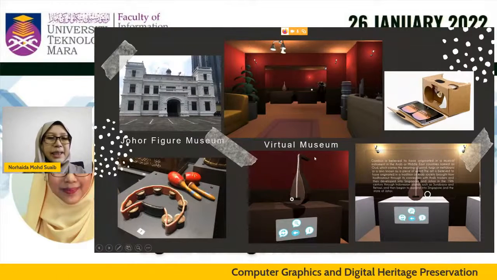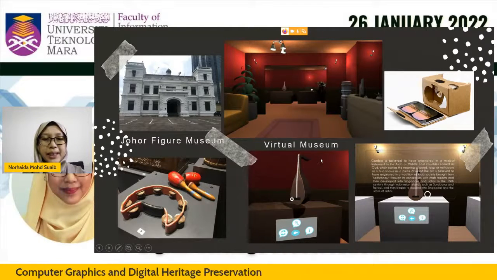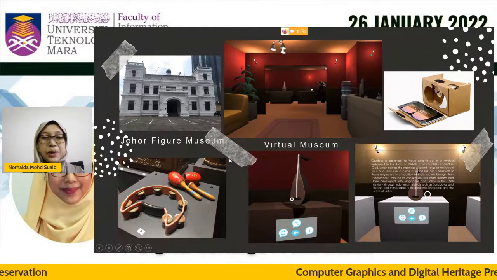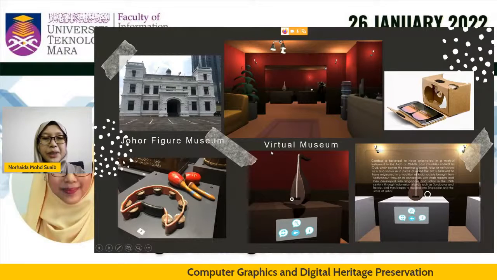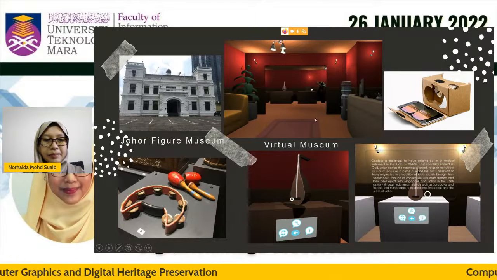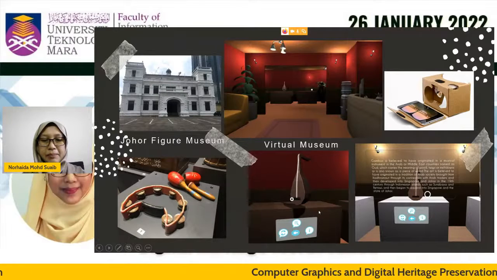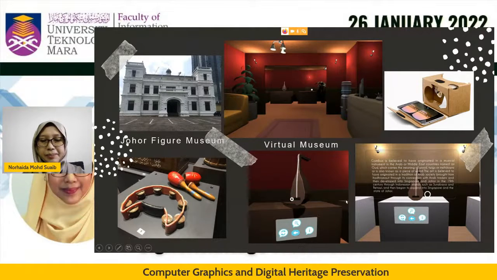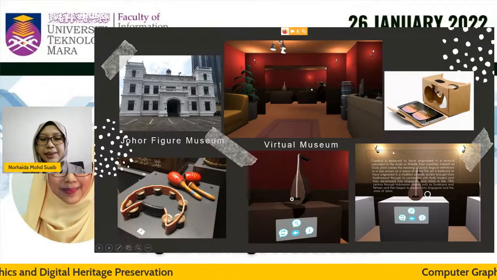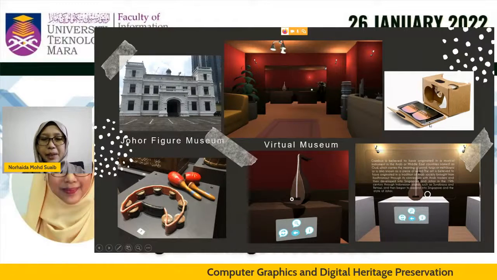So another one, the Johor Figure Museum or Museum Tokoh in Johor. Another student tried to represent some of the areas in Museum Tokoh Johor as a virtual museum. So this is the environment, and some exhibits, for example, musical instruments, a floating menu here, and then users can also interact to get the information. All of this is done using consumer-based hardware.